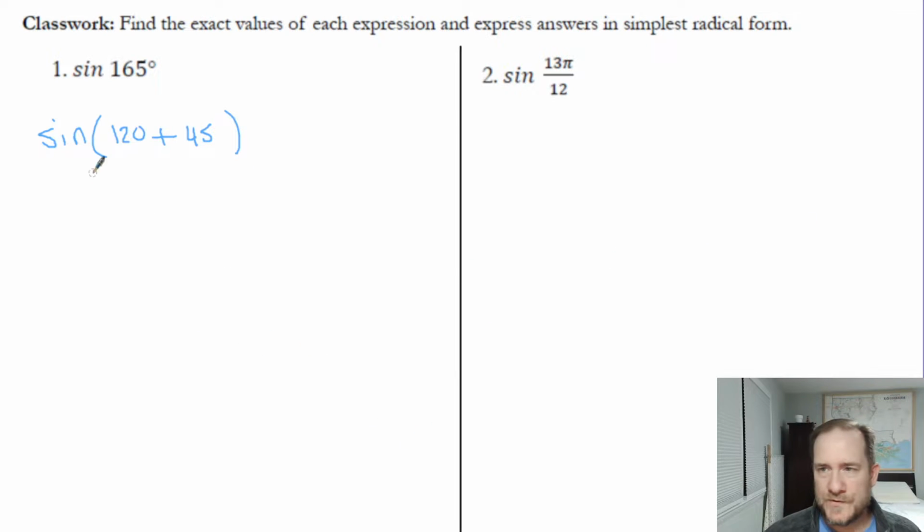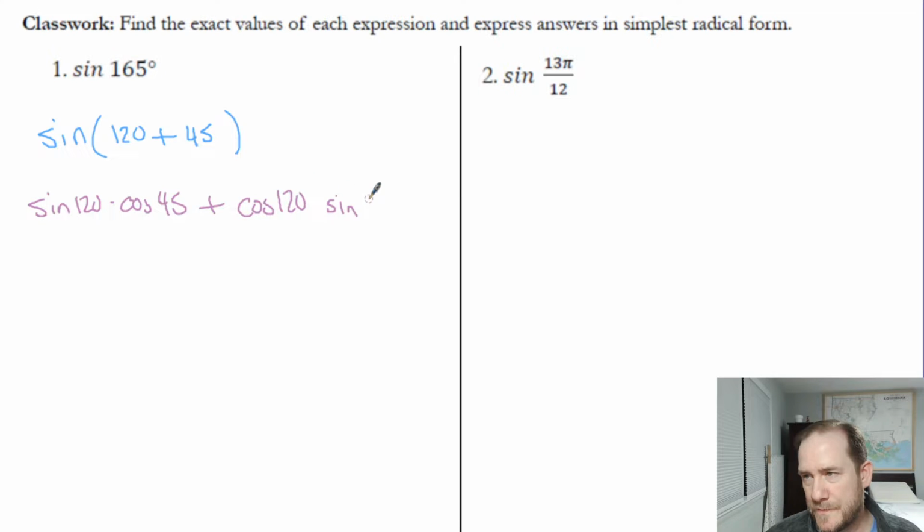Using our new identity, the pattern here is that you want to be doing sine 120 times, already screwed it up, cosine 45. And then a sum stays a sum. And we've already done sine 120, so it's time to do cosine 120. And sine 45. But this is going to look and feel almost exactly the same as the problems that we did for cosine. So evaluate this.